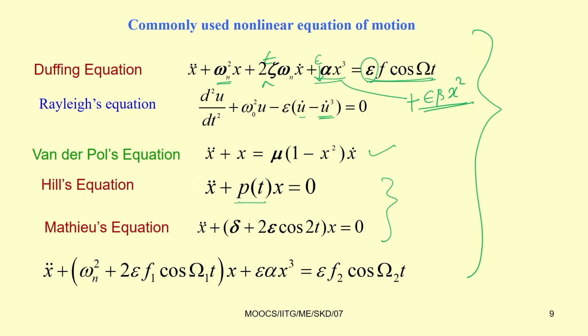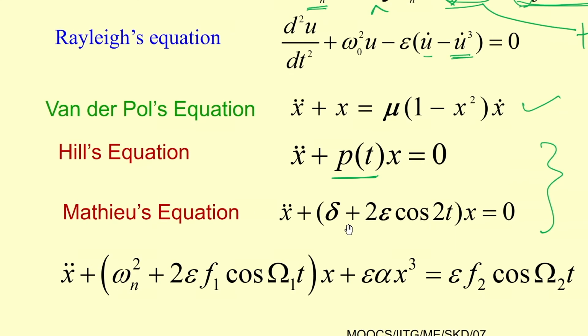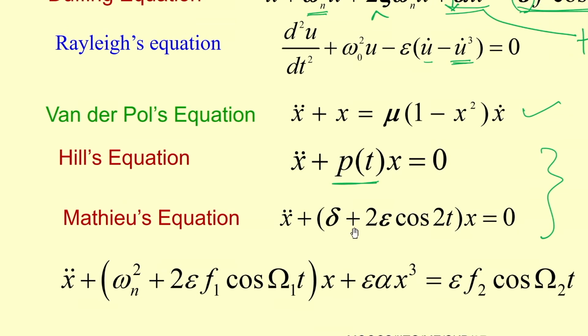Then we can have the Mathieu equation, where our equation becomes x double dot plus delta... so this p(t) is replaced by delta plus 2 epsilon cos 2t. This is a periodic term. p(t) can be any periodic function, but the Mathieu equation is written using this harmonic term, that is 2 epsilon cos 2t.